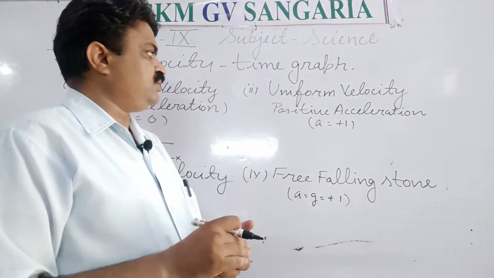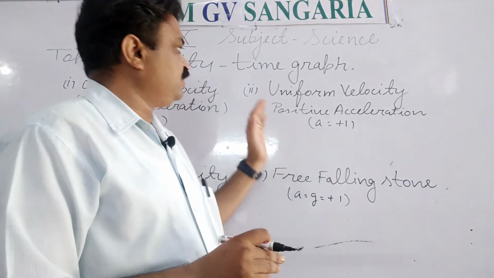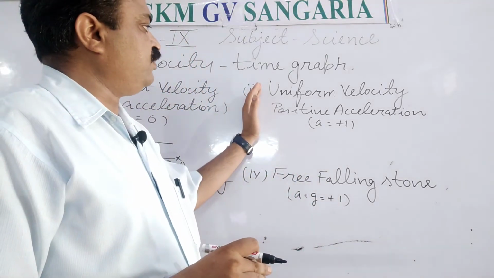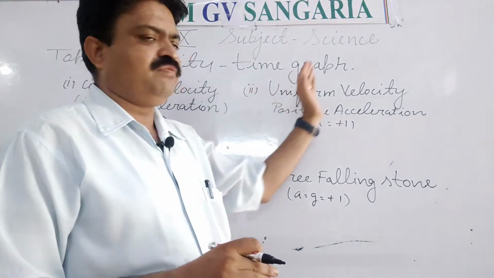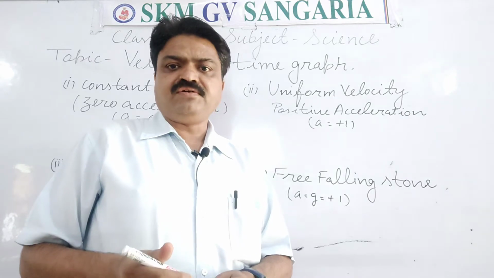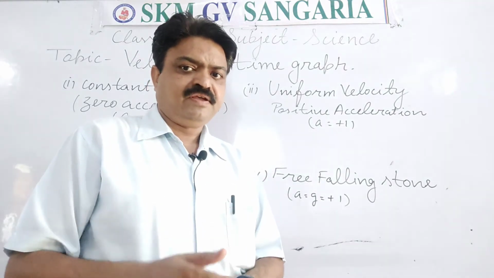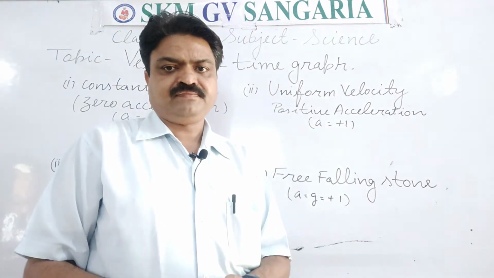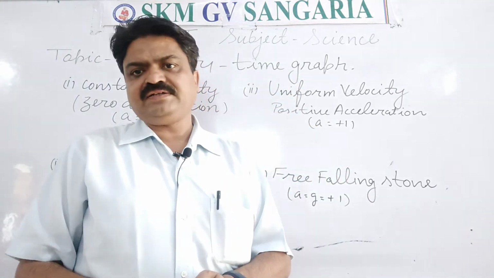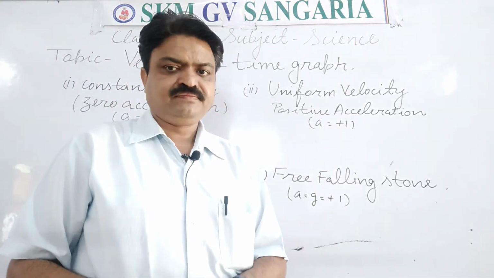Now we come to the next graph, in which an object is moving with uniform acceleration. In this, the velocity of the object changes in equal intervals of time, and the acceleration that we will have here will be positive.